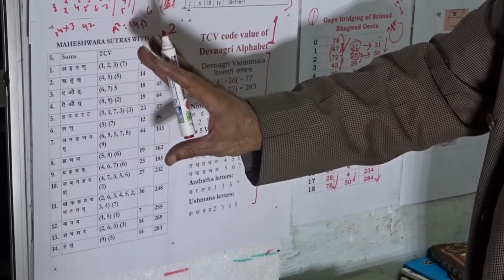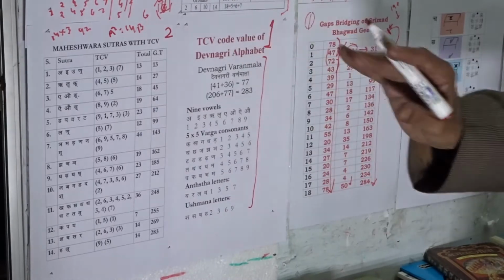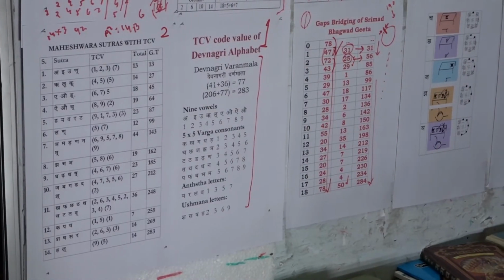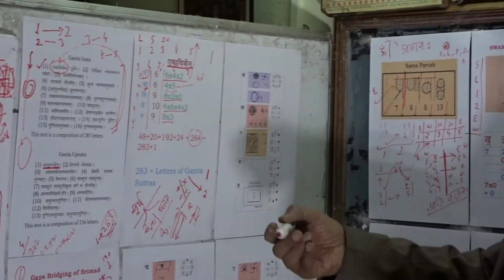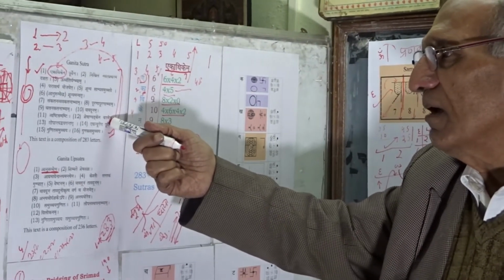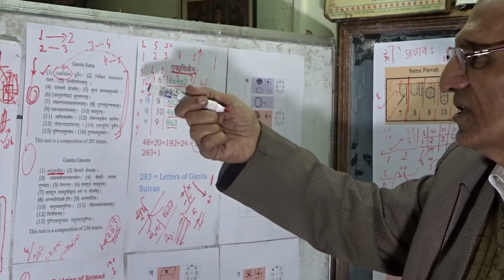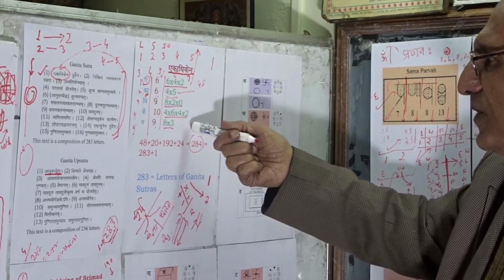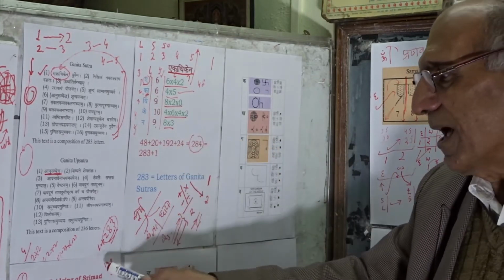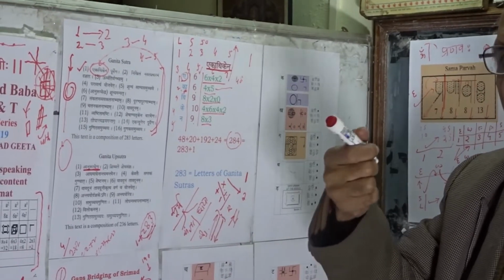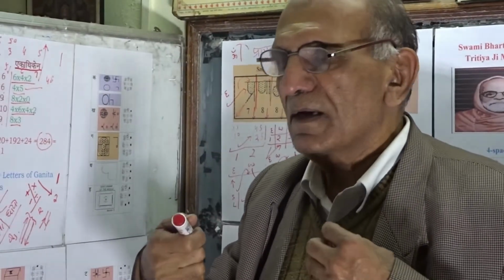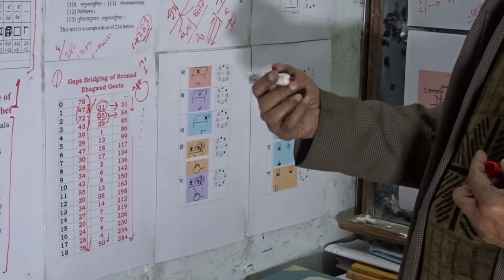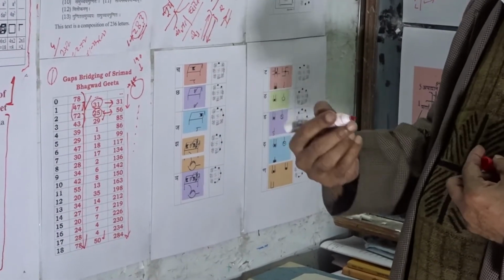Then, in terms of the values of the Maheshwara Sutras as the inner fold values, we have to reach back to the inner fold mathematical domain of Ganita Sutras, and this will bring us face to face with the gaps bridging mathematics, gaps bridging technology, which is to be ultimately worked out.